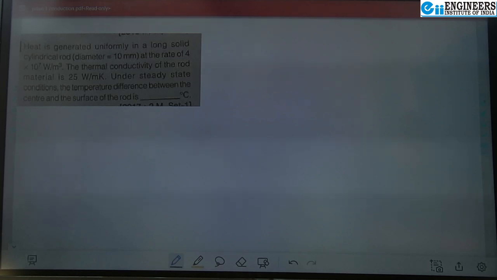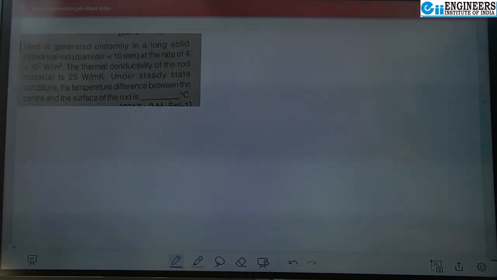So here what factor comes into the picture? The factor that comes into the picture is the temperature. So in which way is it going to be affected over here? You know that for a cylindrical rod in a steady state case, what is the formula for the heat generation?